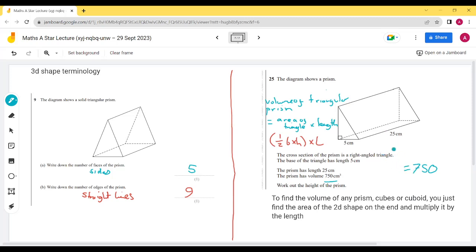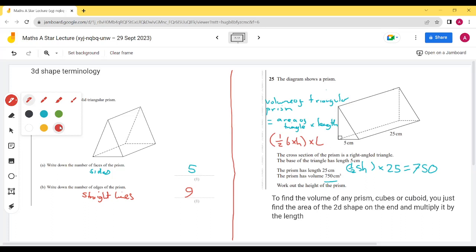We know we've got a length of 25. And we've got half times 5, and we want to work out the height, so we can just call it 5 times h, or you could just call it 5h. We've got half 5h times 25 equals 750.